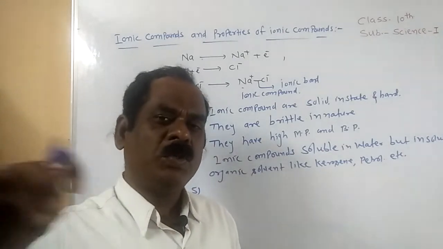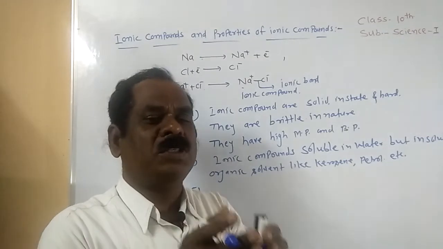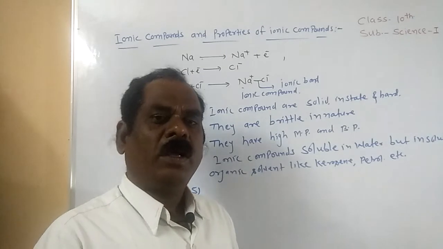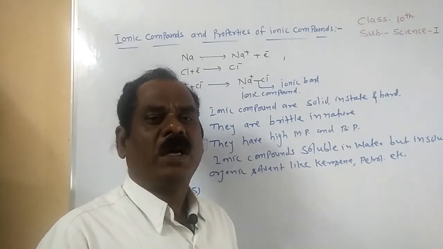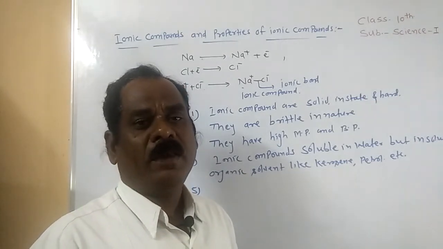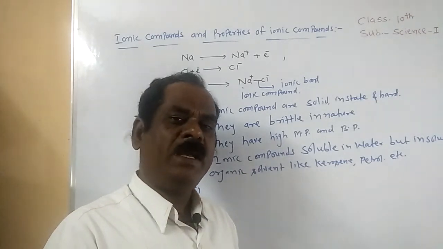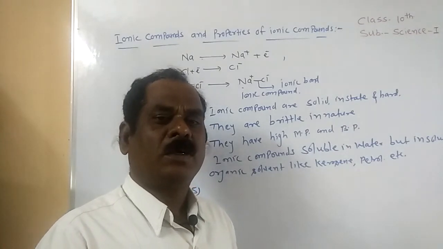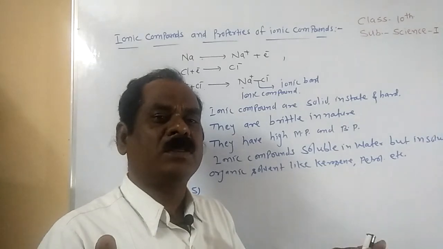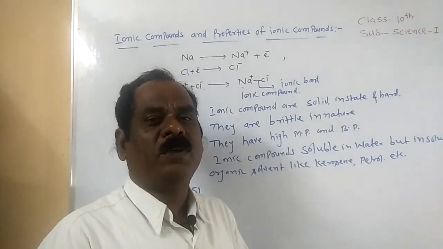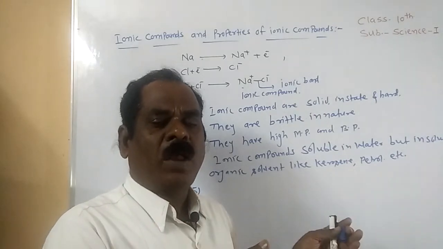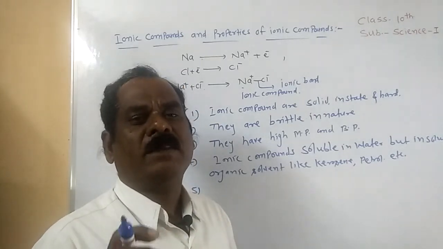Or if you dissolve the sodium chloride in water, the ions dissociate in water. Therefore, in the molten state or in solution, the ionic compounds act as a good conductor of electricity. Why? Because in the molten state and in solutions, the ions are separate and these ions conduct electricity when electric current is passed.